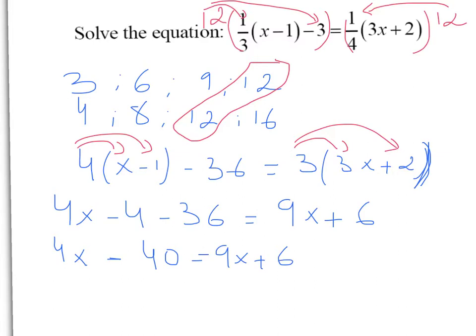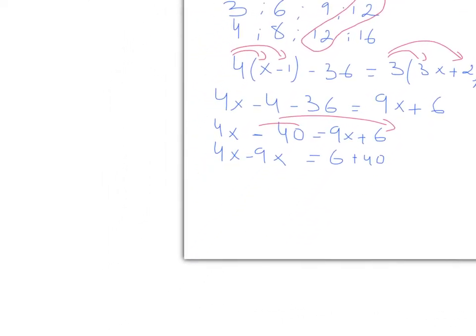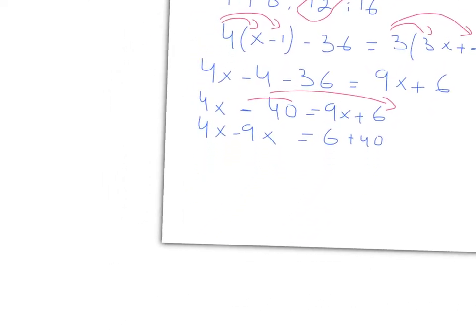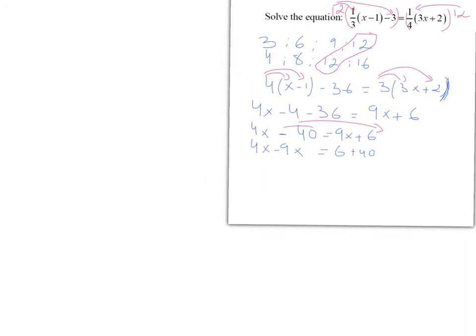Well, we have 4x minus 9x, because we need to isolate x, and we can move negative 4 to the right, which gives 6 plus 4. Now 4x minus 9x is negative 5x, equals 46.